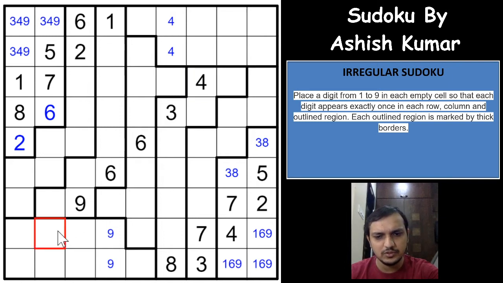So 8 has to be in one of these 3 cells, and 3 can be anywhere. 1 and 6. Mm, 7, 3, 8. Okay.